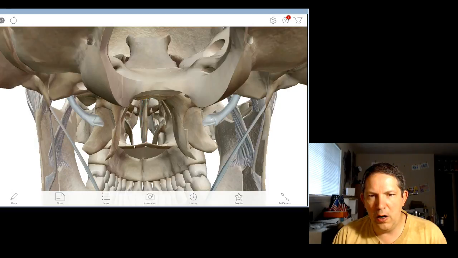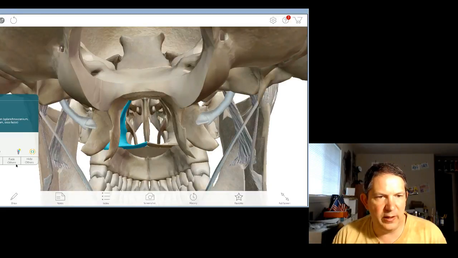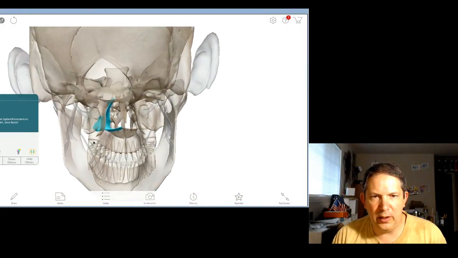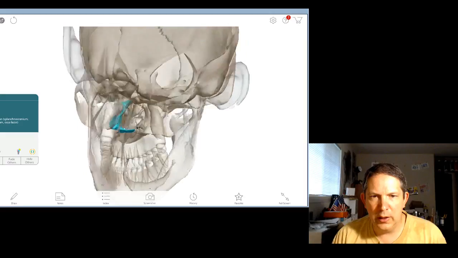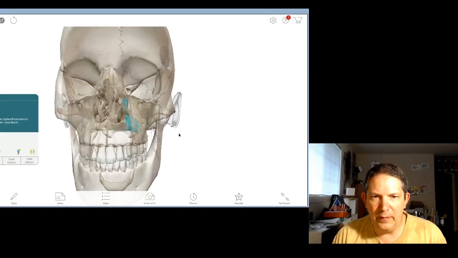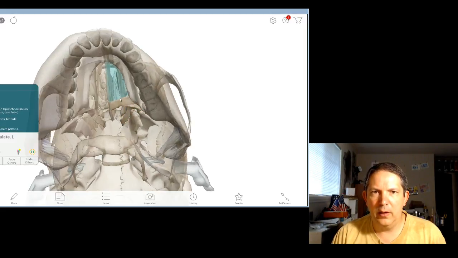So this is the view. There's the hard palate right here. This is also a good view for that. 2 palatine bones. Let me fade everything else. The palatine bones are these kind of weird L-shaped or inverse L-shaped bones, and they form a little bit of the hard palate. So this is palatine bone for the anterior portion of the hard palate, and sorry, did I say that right? I didn't.